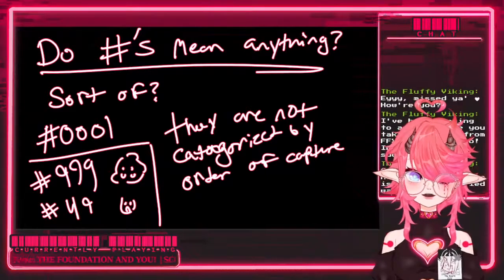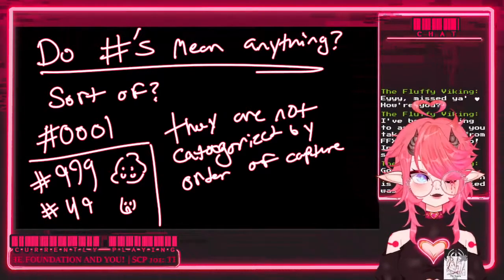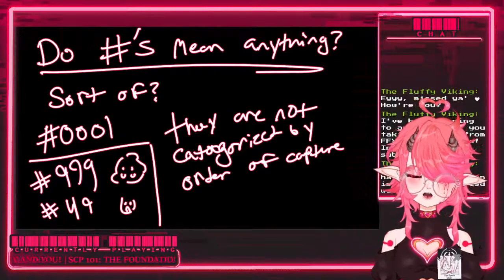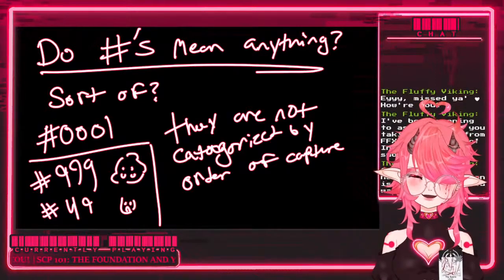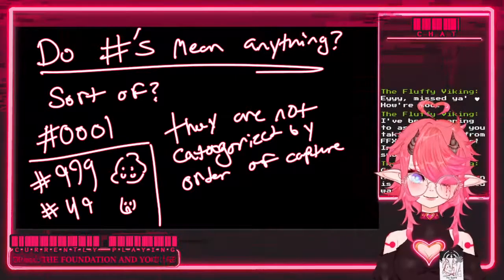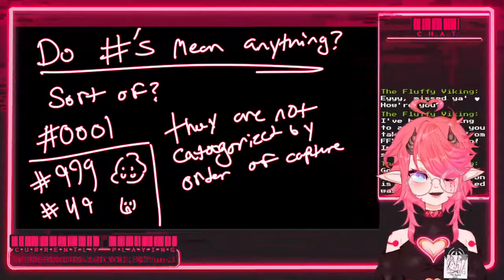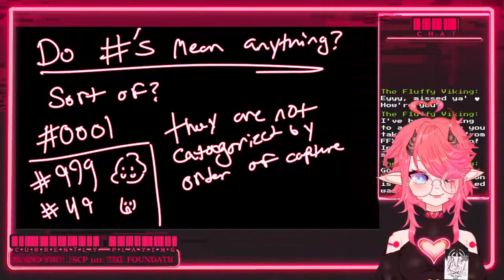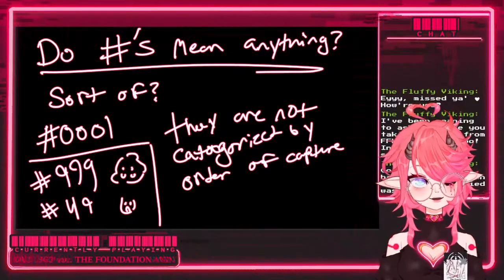If I remember correctly, I want to say 999 might have been in containment before 49, but I could be wrong. When it comes down to it, these are all identifiers to give specific SCPs their own unique thing.